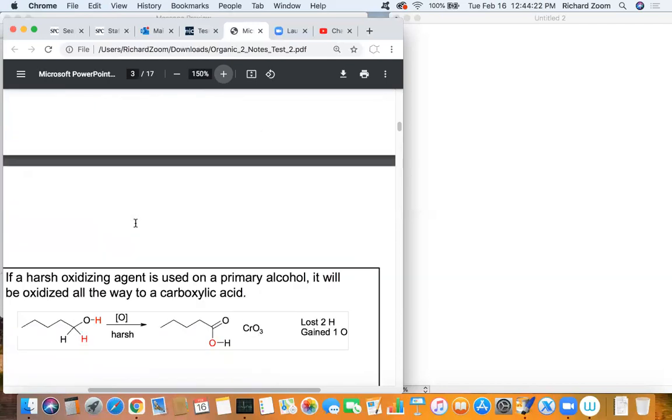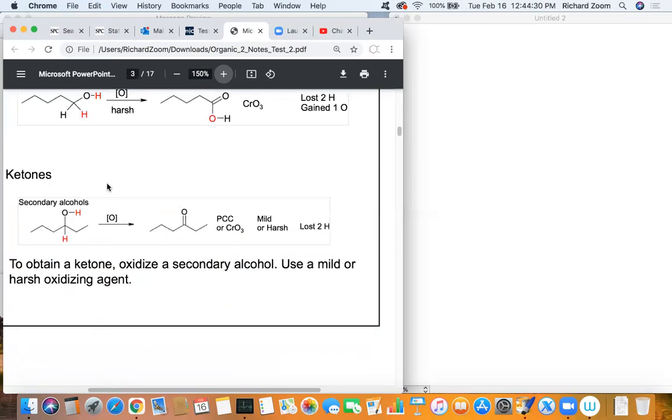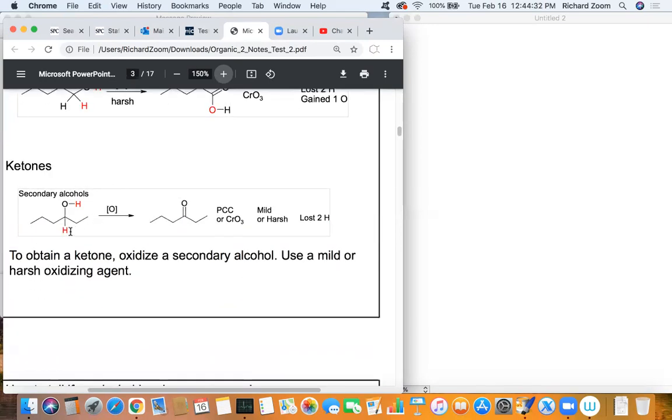Go back to the previous one and you'll see there were two possible hydrogens that we could oxidize for the primary alcohol. Whereas for the secondary alcohol, there's only one hydrogen that we can oxidize. It doesn't matter which oxidizing agent you use. You could use PCC or CrO3, and you'll end up with the same product. But the key for a ketone is that you are starting with a secondary alcohol.